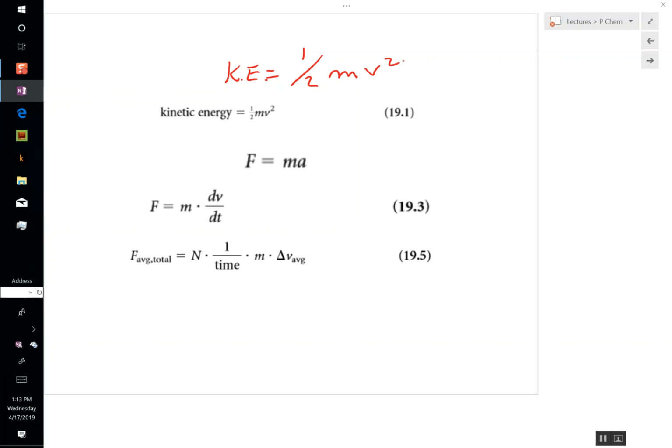Force is equal to mass times acceleration. Okay, what is acceleration? It has a time factor in it. The change in velocity with respect to time. So that gets you from there to here.